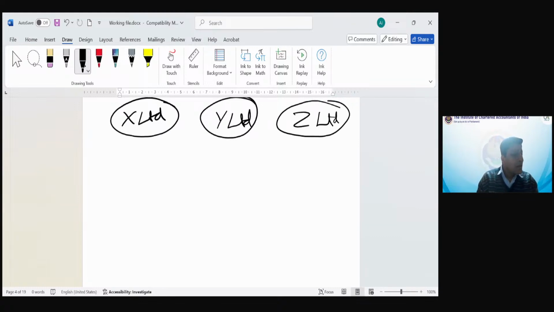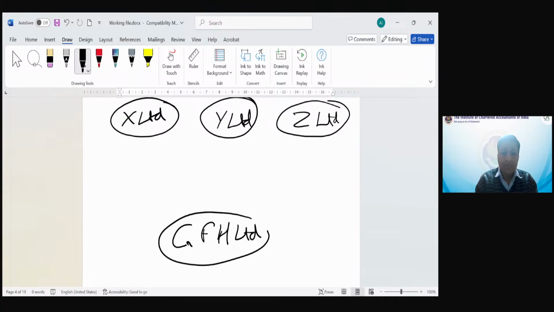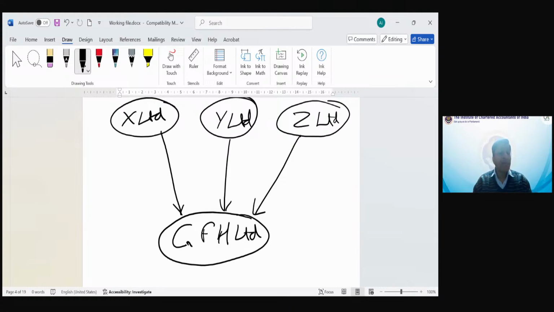X Limited has invested in GFH. So that means all of them have invested. The amount of X is given to us. The purpose of X Limited making this investment in GFH is to grow the business of GFH along with other investors, along with Y and Z.